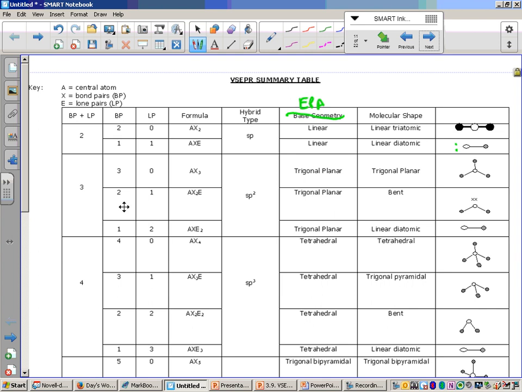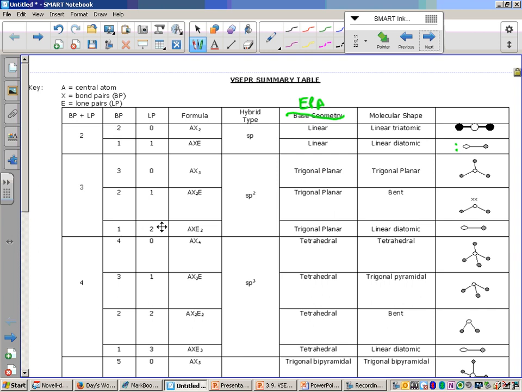If we move down to where we now have 2 bond pairs, 1 lone pair, AX2E, trigonal planar, there's my pair of electrons in the X, and we call a molecule like that, where I ignore that lone pair, bent. It's not that exciting. It's a bent molecule. So all we're doing today is ignoring the lone pair.